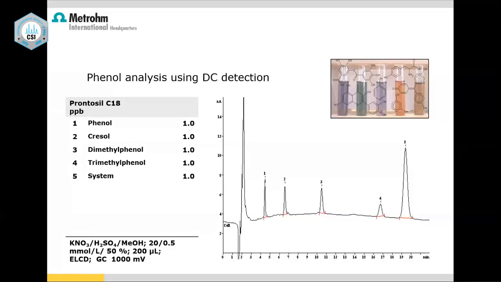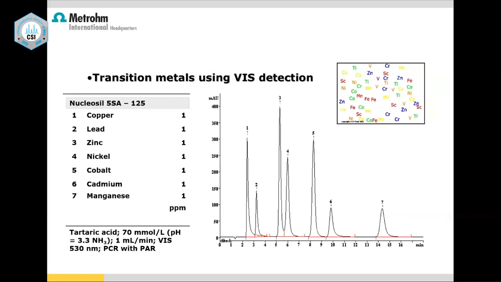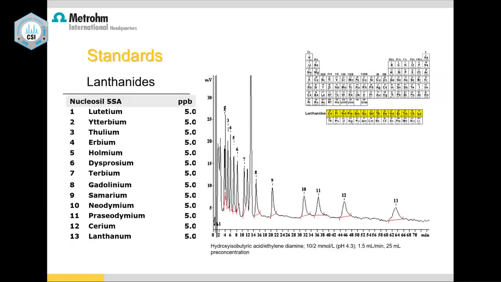All of these can be handled by IC. For transition metals, again, we can use the UV-visible detector. Then lanthanides, we did it for the Department of Atomic Energy, using simple conductivity detection. We can also do it by UV detector as well.